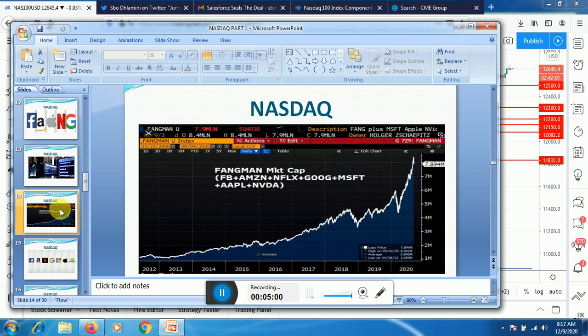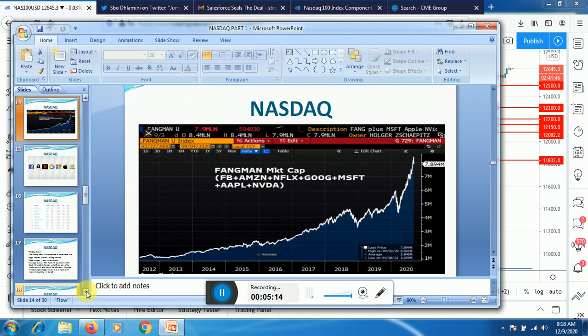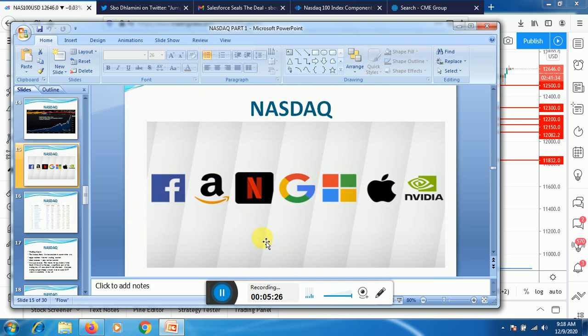The FANGMAN index is comprised of these companies, and the total market value of these companies is close to 7.8 trillion US dollars. So the market value of these companies is bigger than the GDP of Germany. That's how big these companies are when they are combined together.